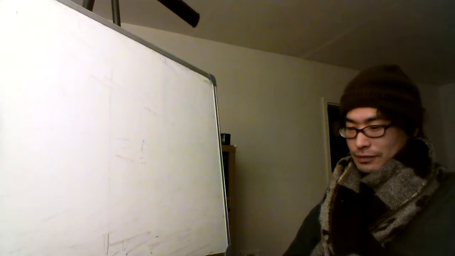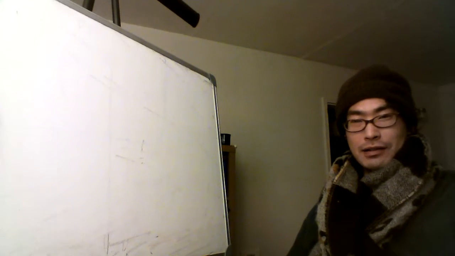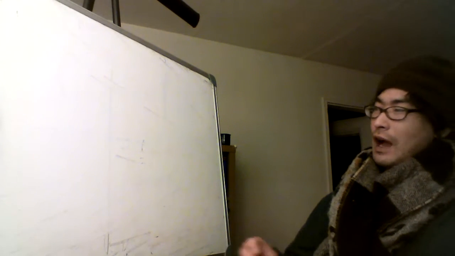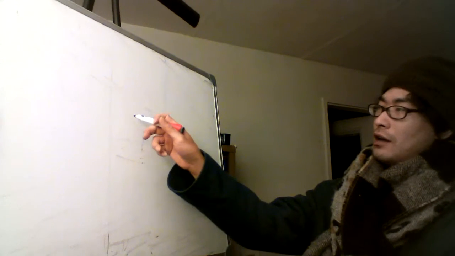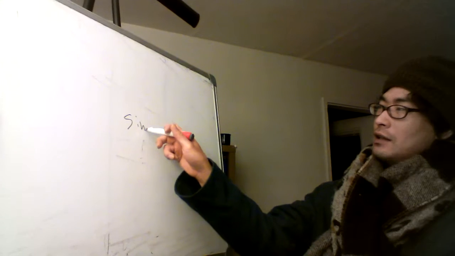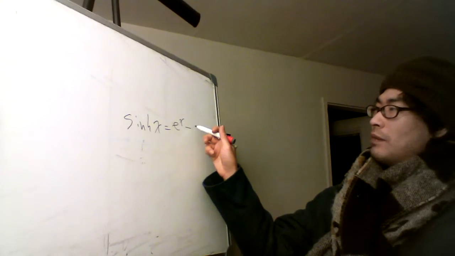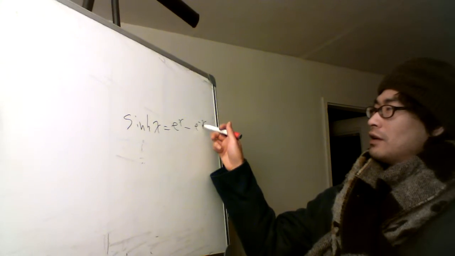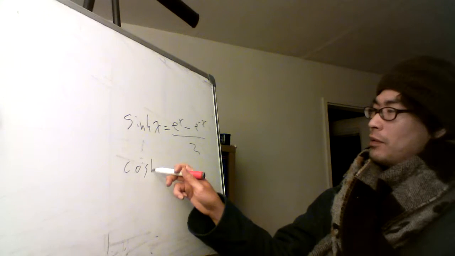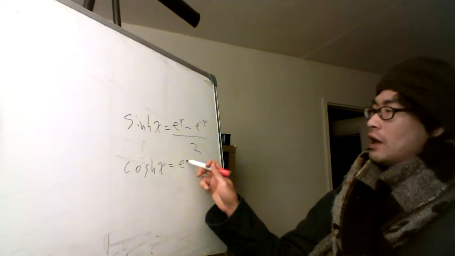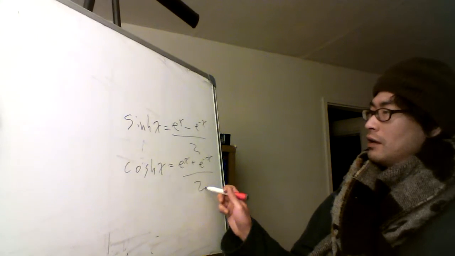It's Lambert. I will tell you why I got into Lambert later. Sine hyperbolic is like e to the x minus e to the minus x over 2, and cosine hyperbolic x is like e to the x plus e to the minus x over 2, okay?